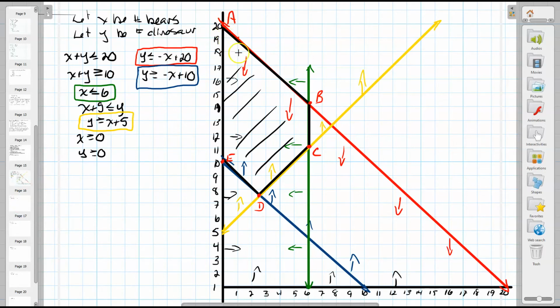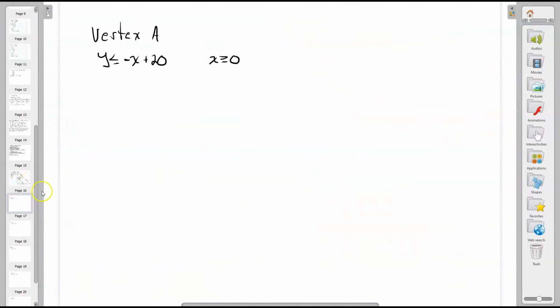A is the intersection of two lines. It's the intersection of this red line, which we said was y less than or equal to negative x plus 20, and the y-axis, which is x greater than or equal to 0. So let's take those two equations and solve them as a system of linear equations. As we mentioned previously, we don't really need to work with the inequalities now because we're talking about the intersection of two lines.